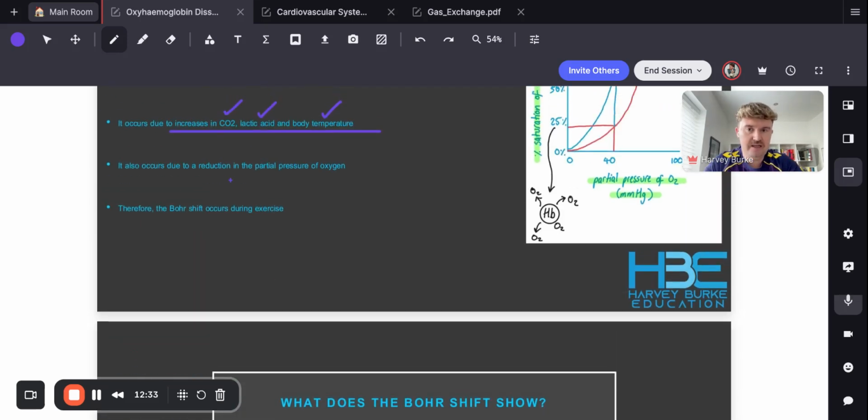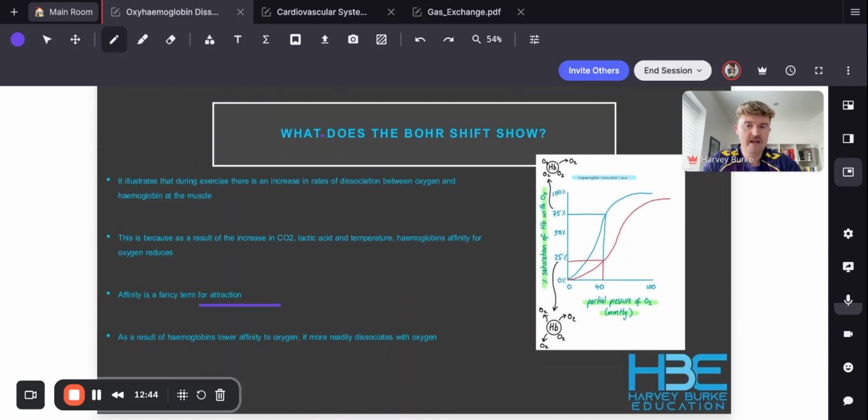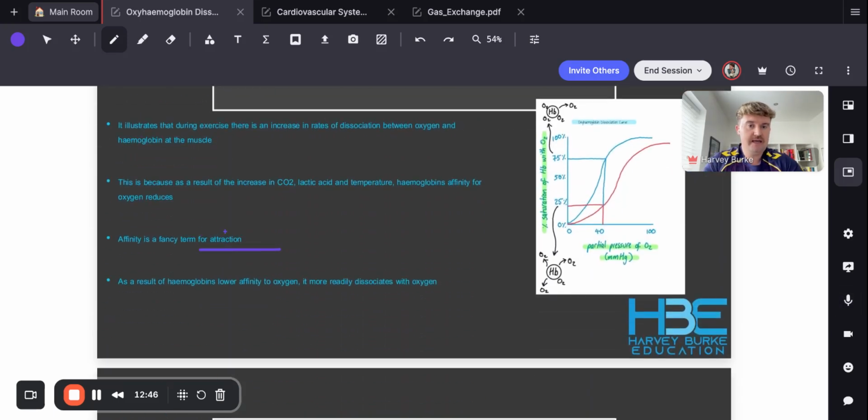And that's what's happening. So as a result of these things increasing during exercise, let's pick one of them. Let's just say body temperature. As a result of an increase in body temperature, that lowers hemoglobin's affinity for oxygen. So hemoglobin's affinity for oxygen goes down, its attraction for oxygen goes down, and as a result of the affinity going down, that means that more dissociation can happen.